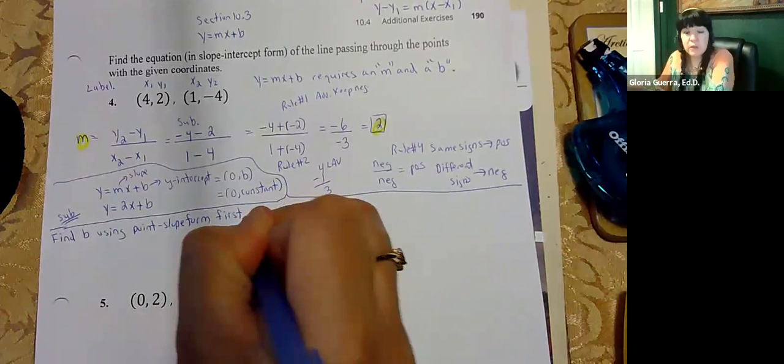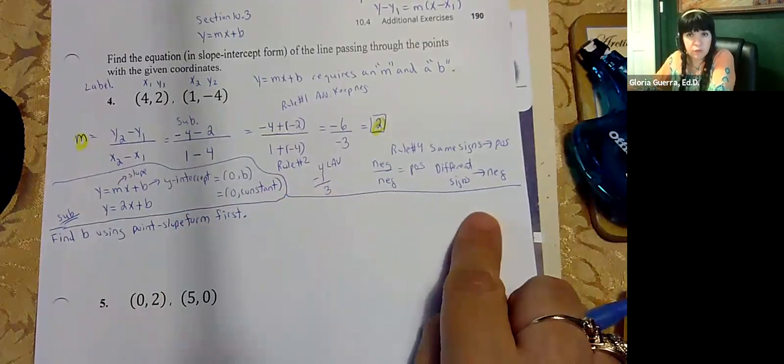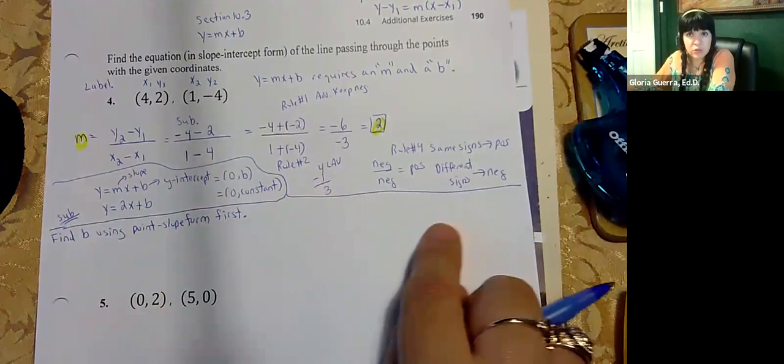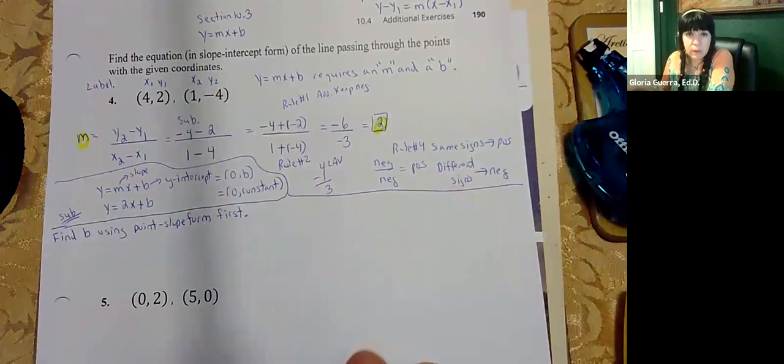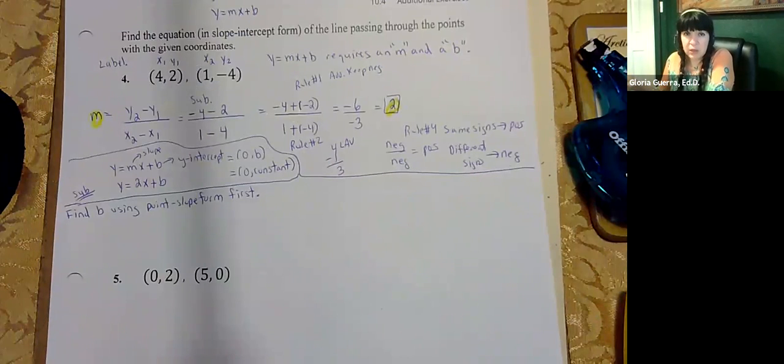And then somewhere over here, if I have room, I'll help you find B using slope intercept form. And then you can use whichever one you think is easiest. I think people usually think that the second one is the easiest.